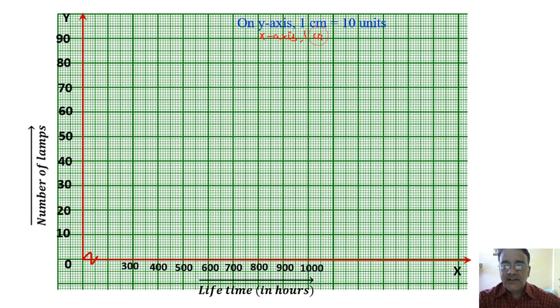X axis में कितना यूनिट लिए हैं? 100. Why you are not responding? Okay, fine. So now the first class 300 to 400, 14 था. 14 means 10 के बाद fourth grid. Okay, so this one.